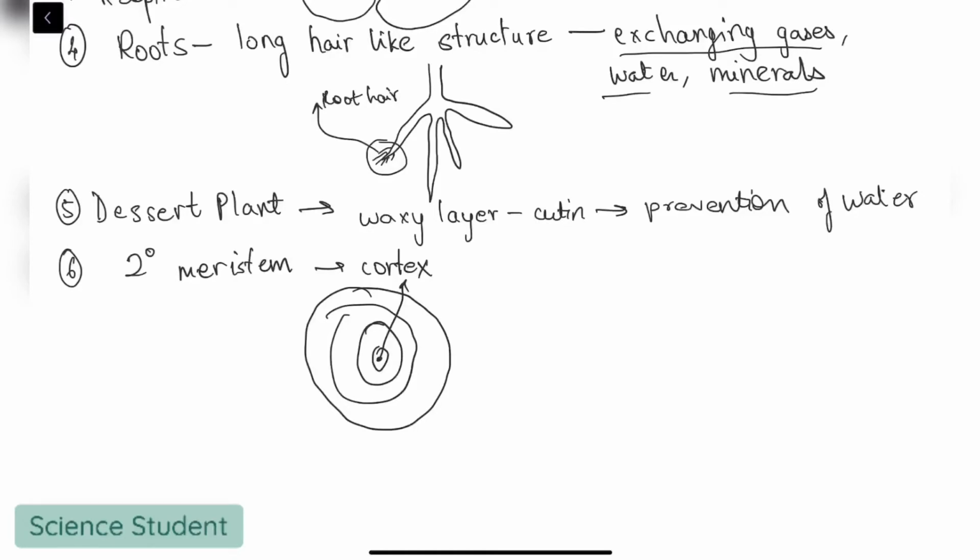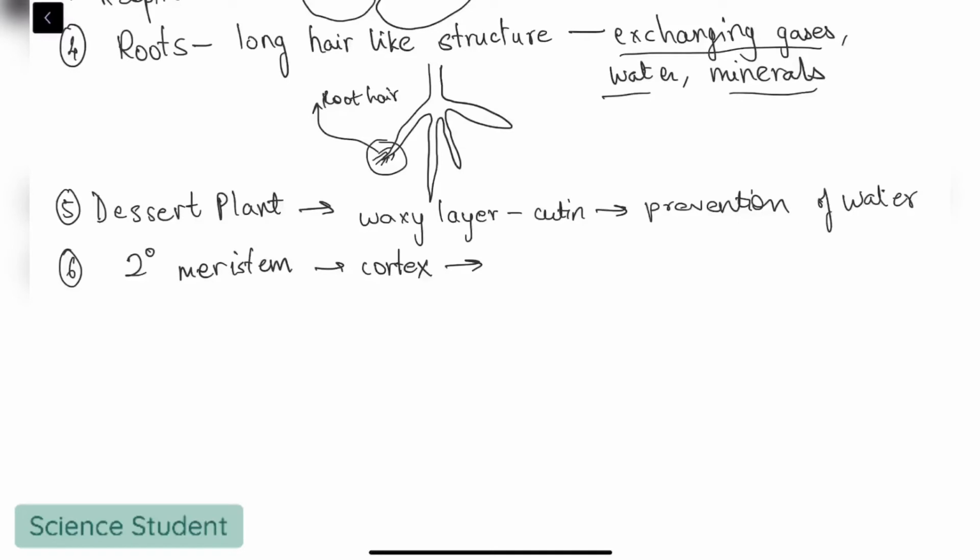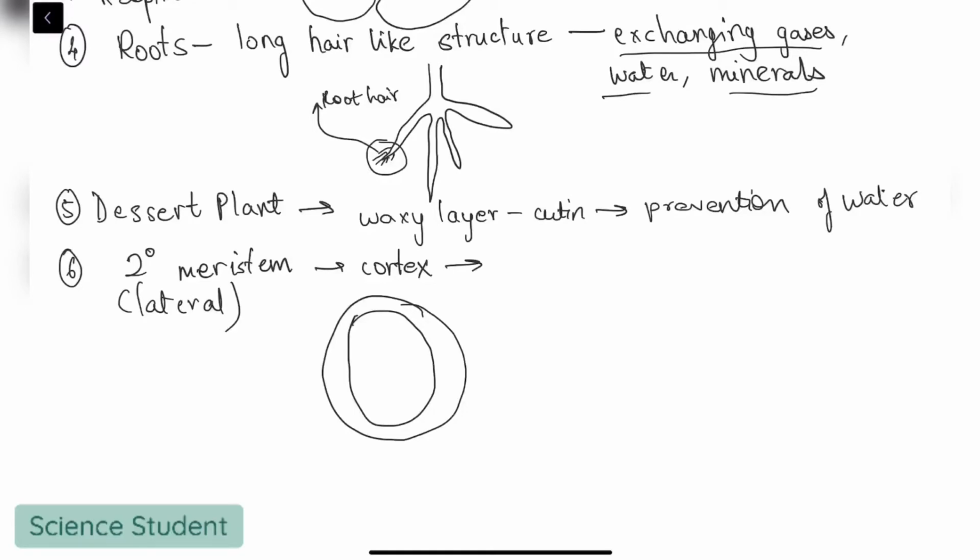So secondary meristem in cortex forms a layer. Sorry, I'm wrong. Cortex is the outer layer. Secondary meristem is nothing but a lateral meristem. So this part is cortex, and this part on the cortex is called cork.